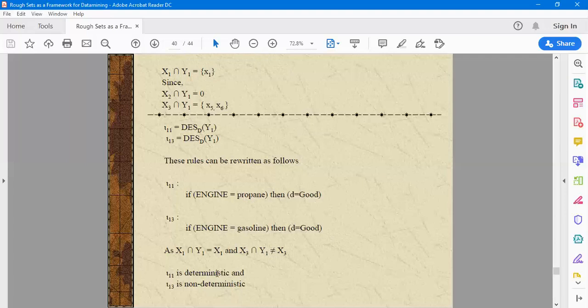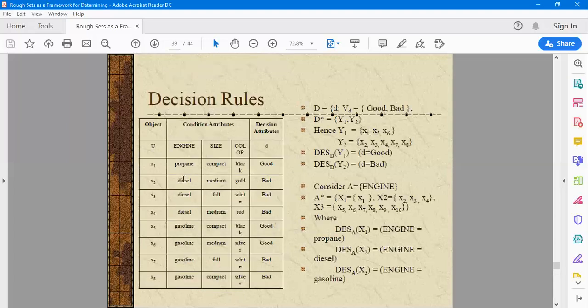Hence we can now say that T11 is deterministic and T13 is non-deterministic, because this condition is not equal to the equivalence class. In other terms, whenever the engine is propane, the decision is deterministic. That means whenever the car engine is propane, your decision would be good, because it's not contradicting. But the moment we say that the engine is gasoline, we can't predict. It may be good and it may be bad.